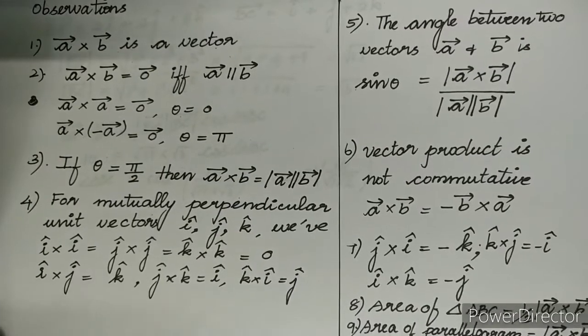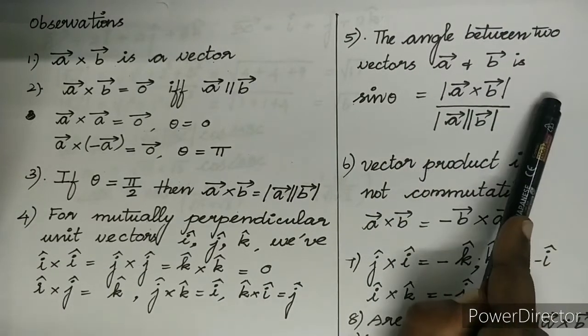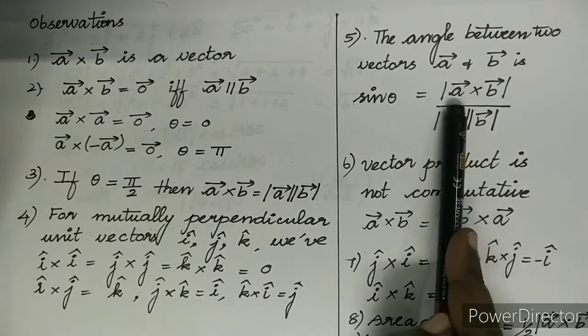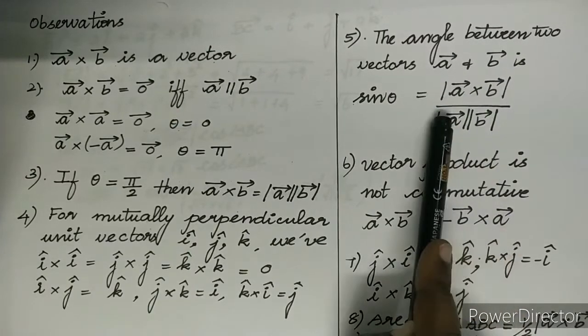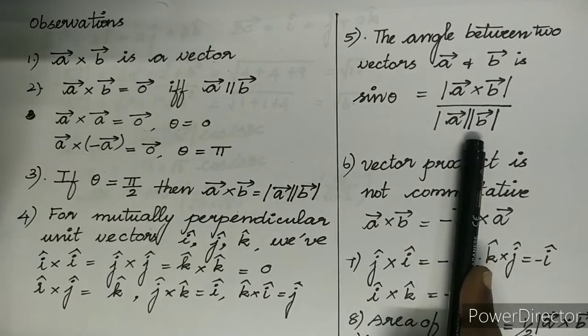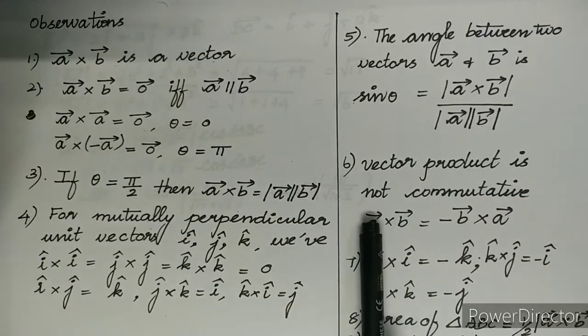And fifth observation, for the angle between two vectors A vector and B vector, sine theta is equal to magnitude of A vector cross B vector divided by magnitude of A vector into magnitude of B vector. Sixth observation is vector product is not commutative.